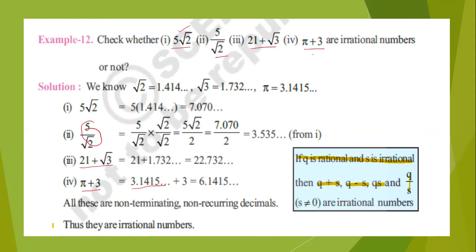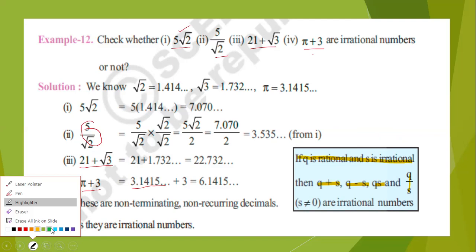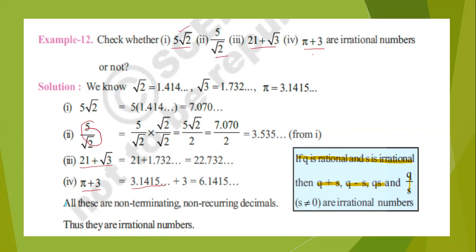Look here, all these are non-terminating, non-recurring decimals, thus they are irrational numbers. That means in all the 4 examples we get irrational numbers.